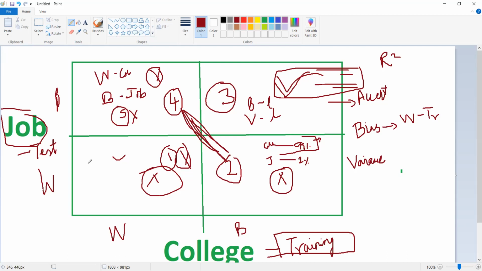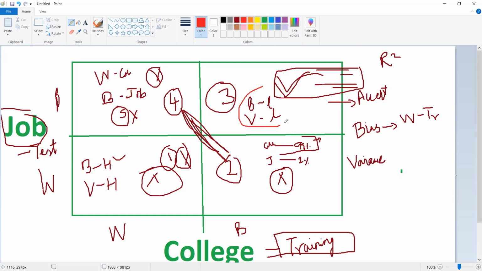Error low means good model. So here, because it is the worst model, your bias will also be high and your variance will also be high. High variance, high bias.